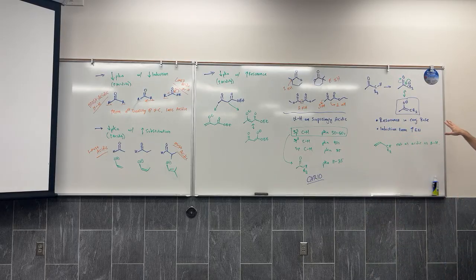The negative charge on the carbon, though, that's a minor form. So the ketone on the left gets deprotonated. It's got that one major form. But the central alpha carbon, alpha to both the ketone and the ester, gets deprotonated, and it has two major resonance forms. Which position is more acidic?